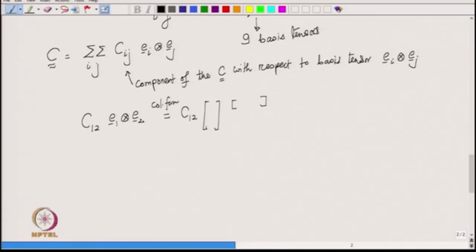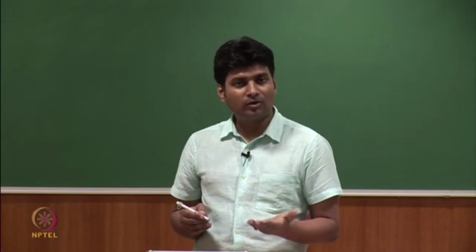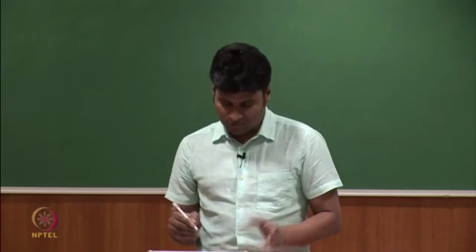The column form of e 1 in the e 1, e 2, e 3 coordinate system is simply 1 0 0, because the component of e 1 along e 1 is 1, along other directions it is 0.